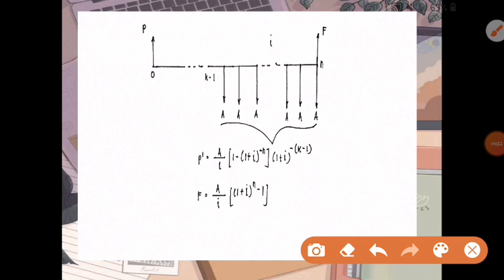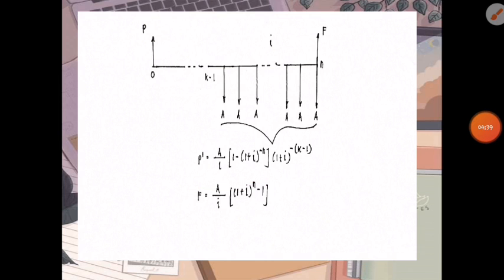The future equivalent value is F equal to A over the interest rate times 1 plus the interest rate raised to the power of n minus 1. So, that is the formula.